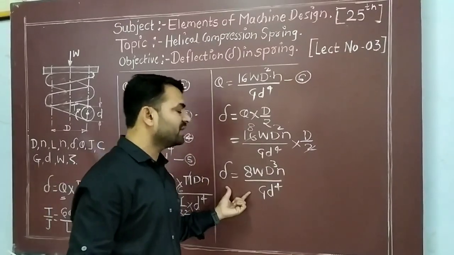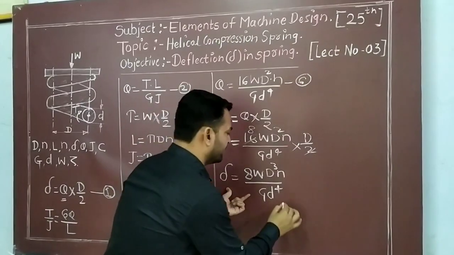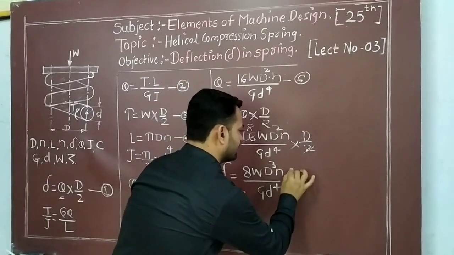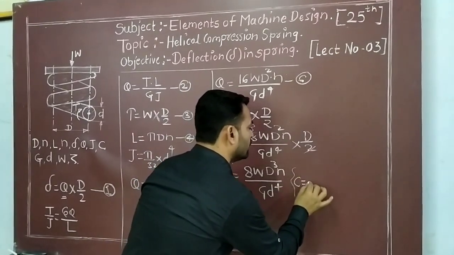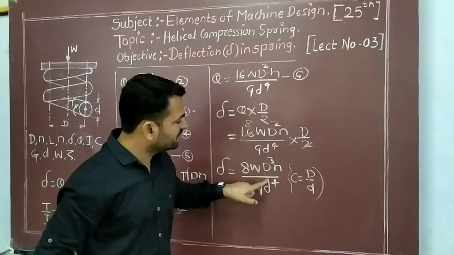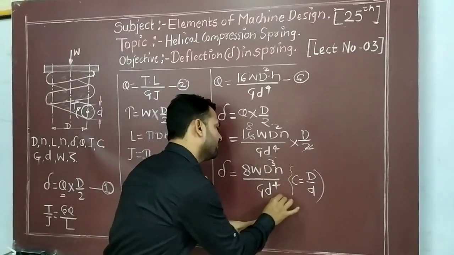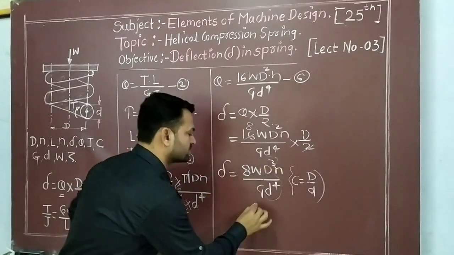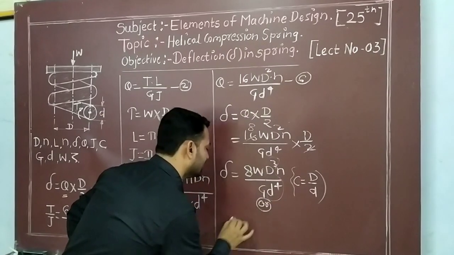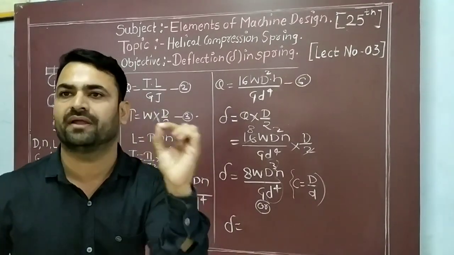So this is the deflection equation for the spring, and as we know, the spring index C is equal to capital D by small d. Here we have D cube divided by d raised to 4, so instead of this we can put the spring index. The same equation can be written as the deflection for the helical compression spring in terms of spring index.